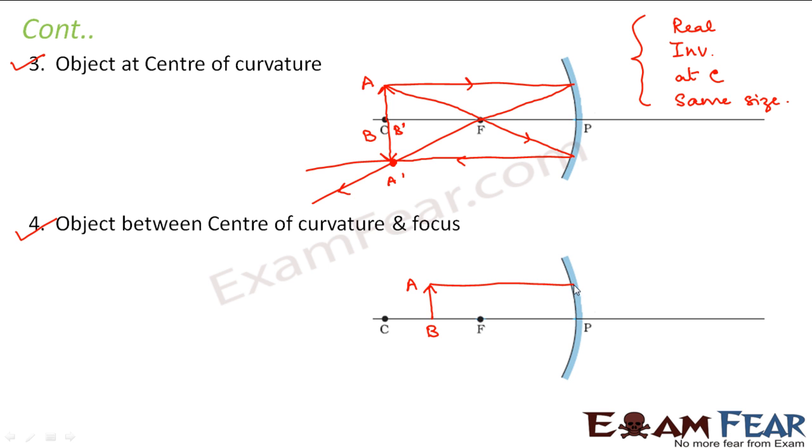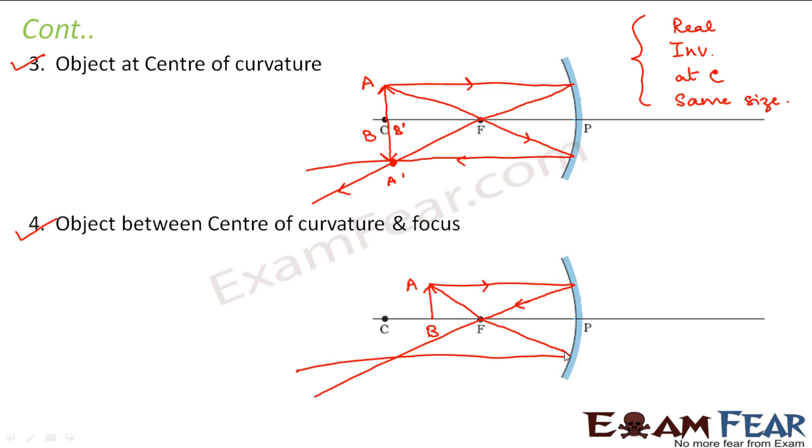A ray of light parallel to the principal axis after reflection passes through the principal focus, right? Another ray of light passes through the principal focus and after reflection goes parallel to the principal axis.